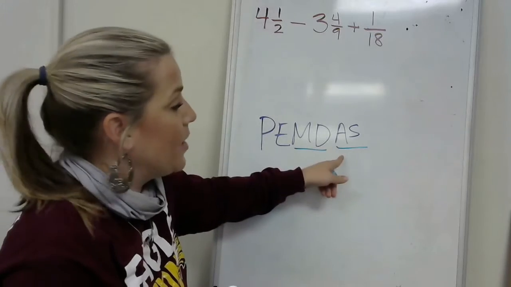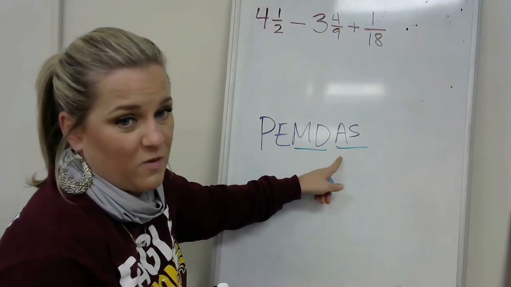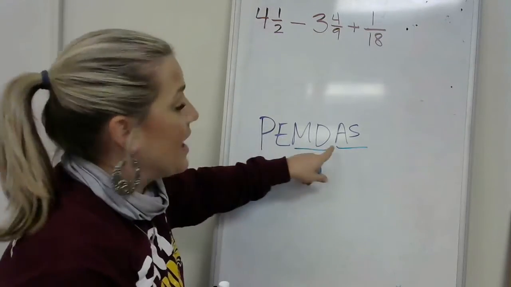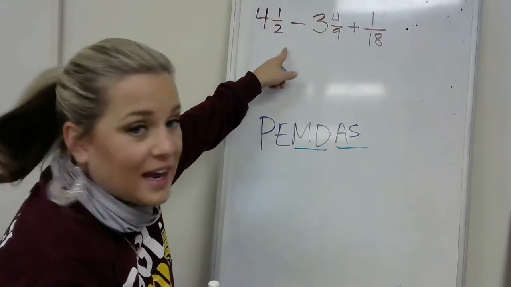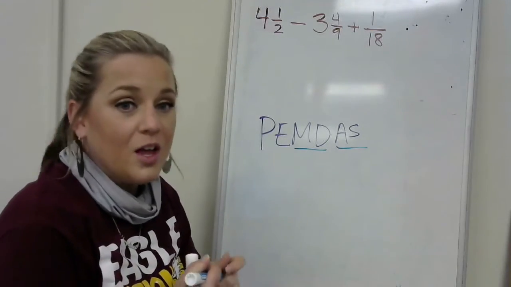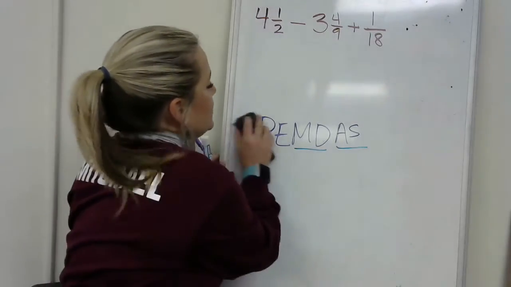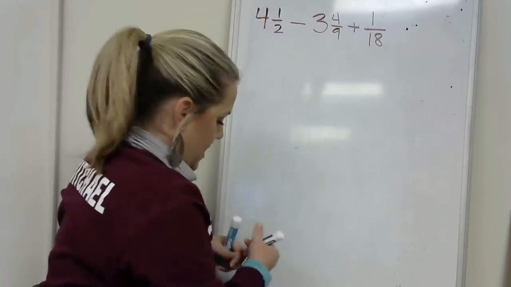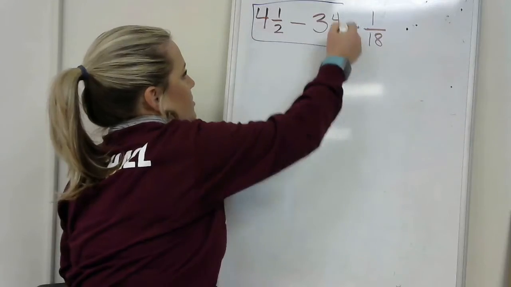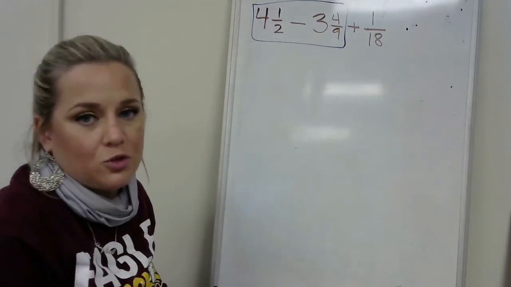Okay, so I don't just do addition first because it comes before the S in PEMDAS. I have to do whatever comes first, left to right, which in this case is subtraction, okay? So, let's get started. We're going to take care of this fraction first, okay? This problem first. We're going to subtract.